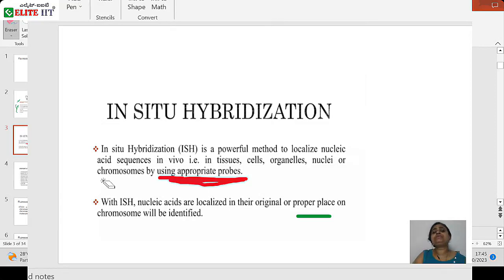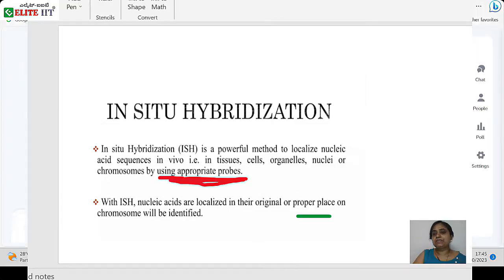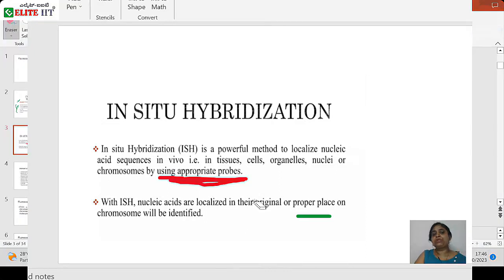If you want to know whether your DNA sequence of interest is present in the cell or not, and you use a probe tagged with a fluorescent compound, you can localize the DNA.